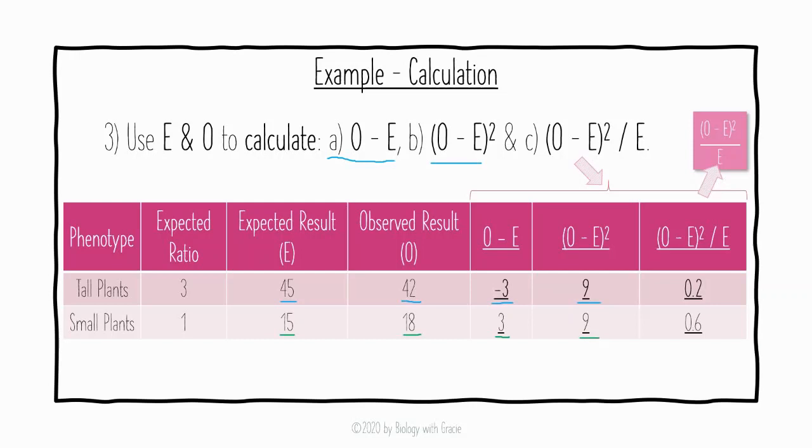So we need to do 9 divided by 45 for our tall plants, which is 0.2. So 9, our value here, divided by our expected result of 45. And then for our small plants, we need to do 9 divided by 15, which is our expected result, and we get 0.6.